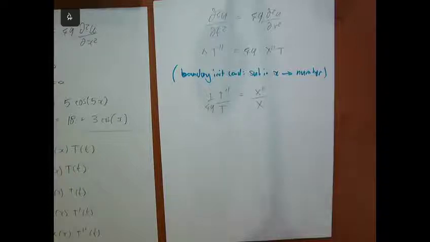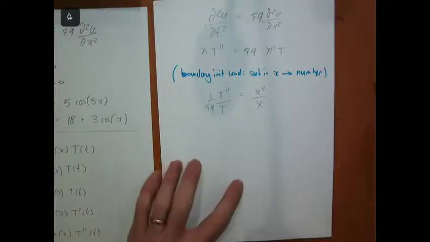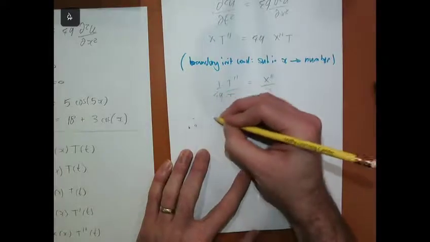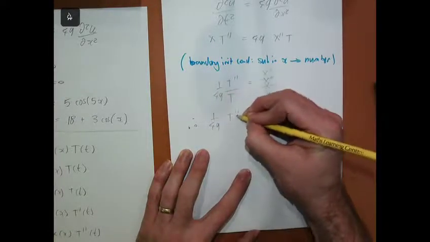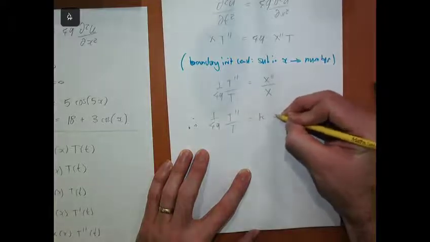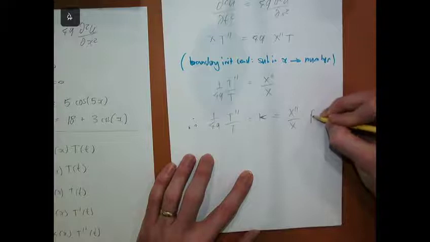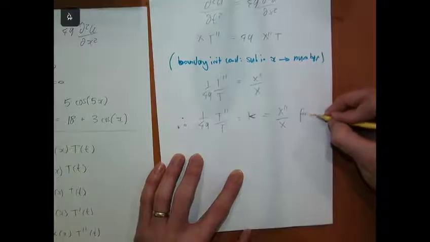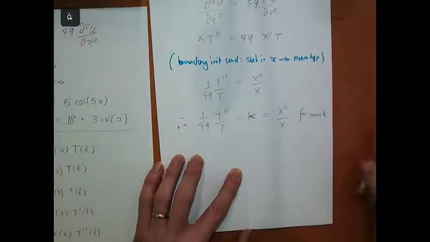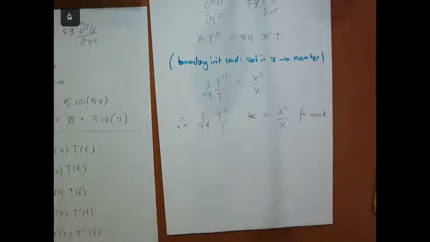And the only way you can do that is if it's a constant, for some k. I like to put the k in the middle to remind myself that it's equal to both of these things. That's clever trick number 1. It doesn't look very clever when you read it, but that's where it comes from.